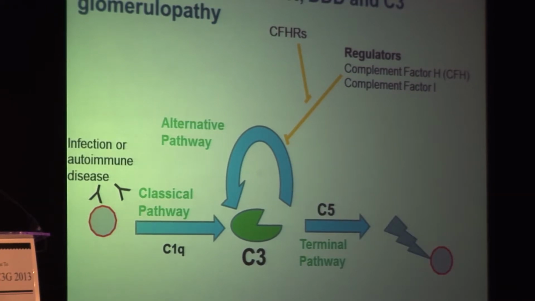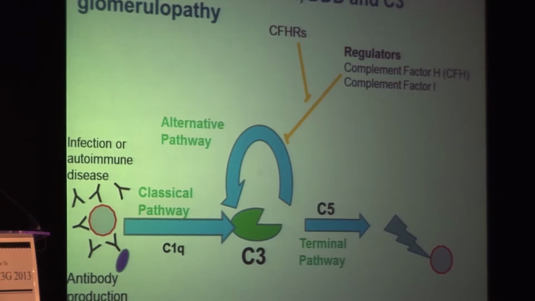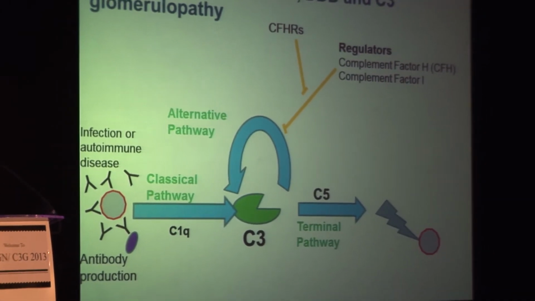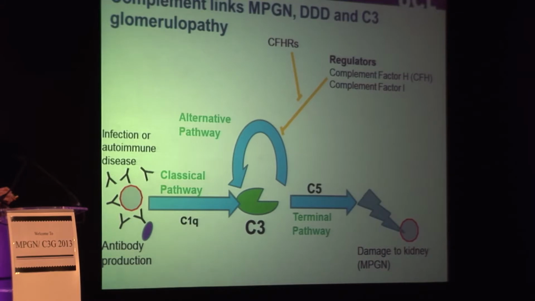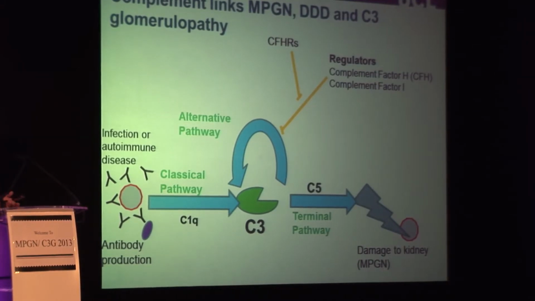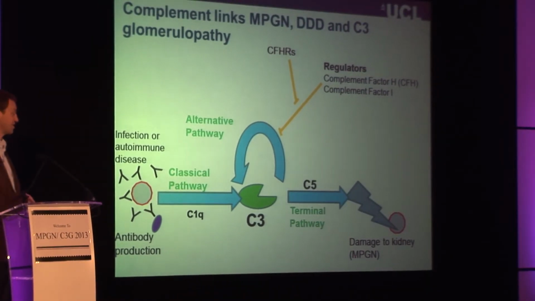If you have infection or autoimmune disease, then more antibodies are produced, the classical pathway is switched on more, and this leads to the terminal pathway being switched on more, and you have damage to the kidney. You might get damage to the kidney and MPGN. So it's antibody production, activation of complement, damage to the kidney, and you see the antibodies and the complement in the kidney.